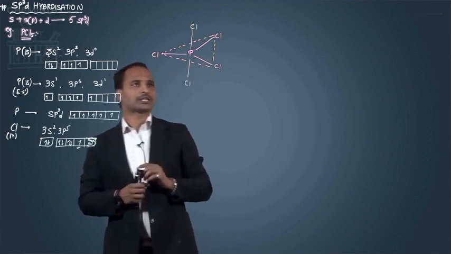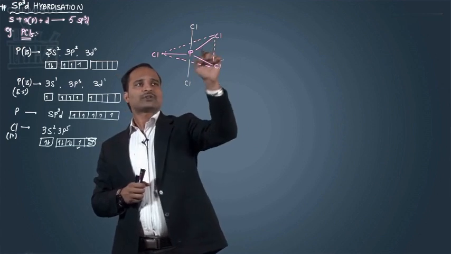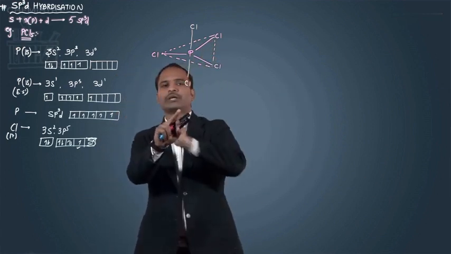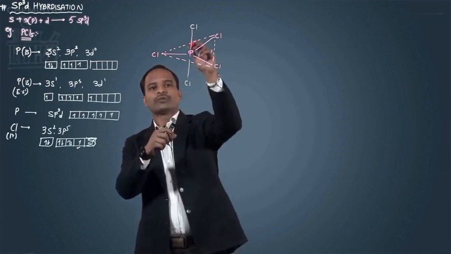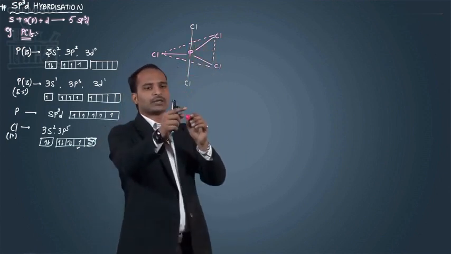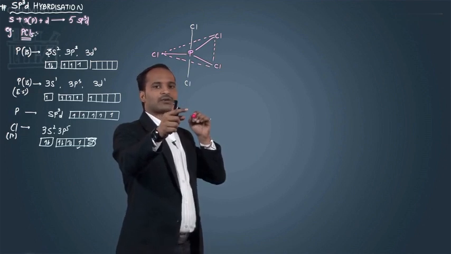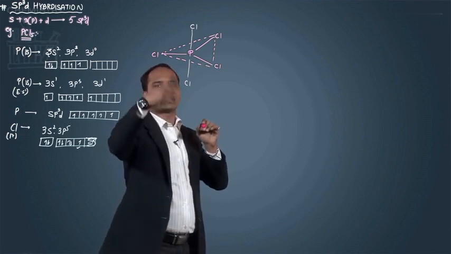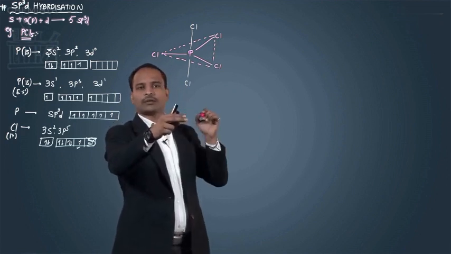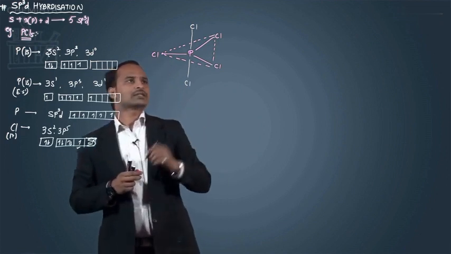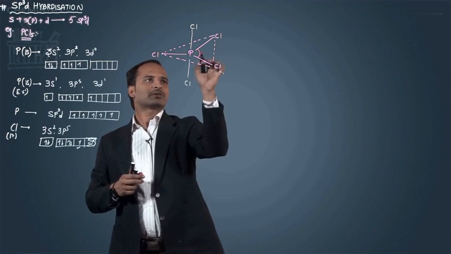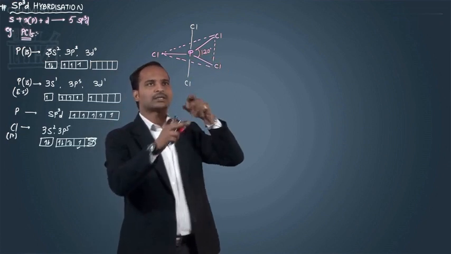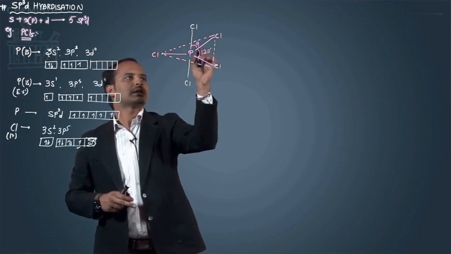Since they are trigonal planar, this angle is 120 degrees, but since the others are perpendicular, it is 90 degrees.